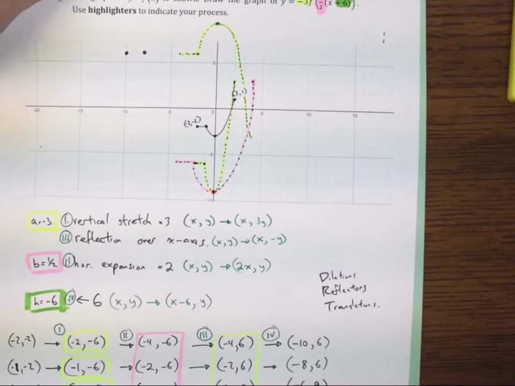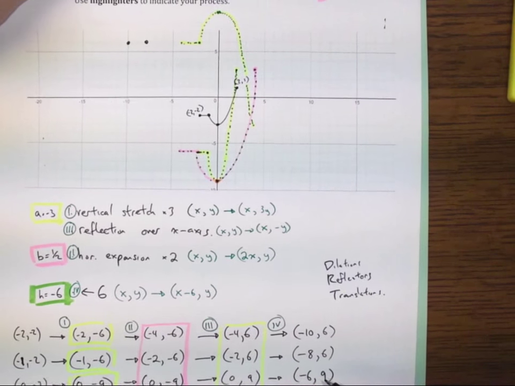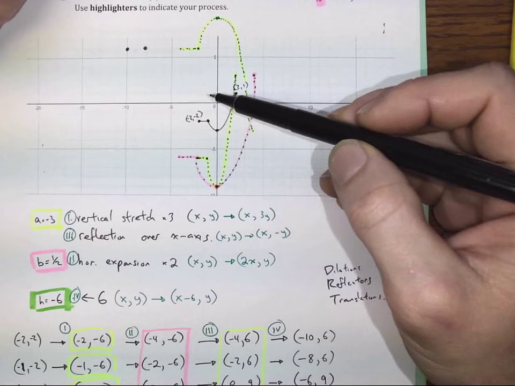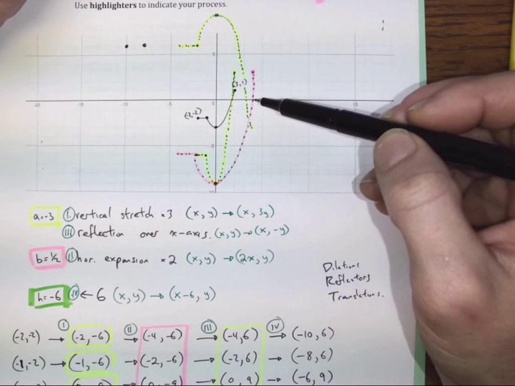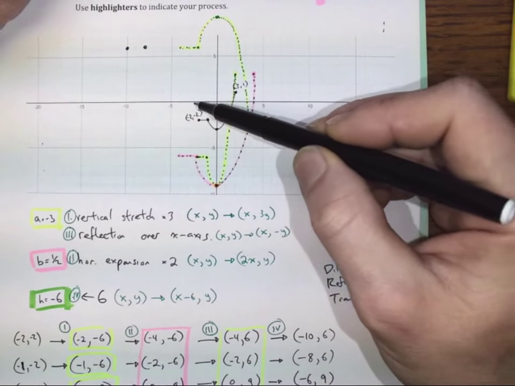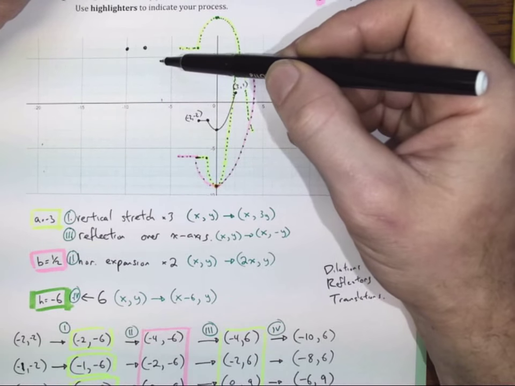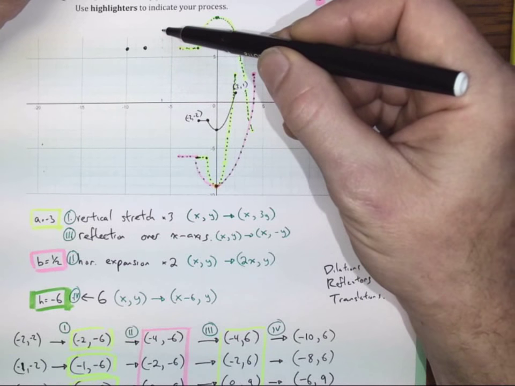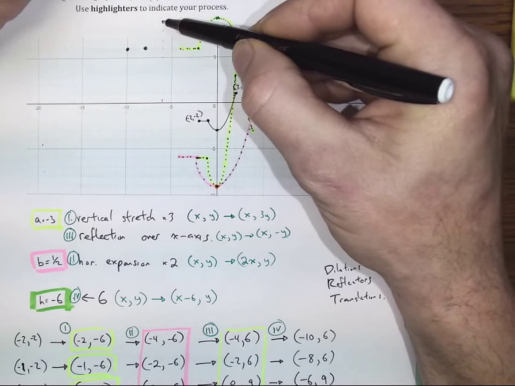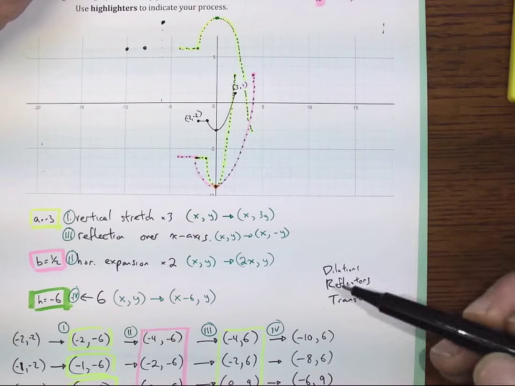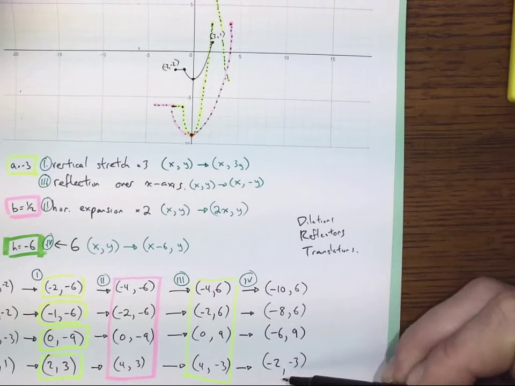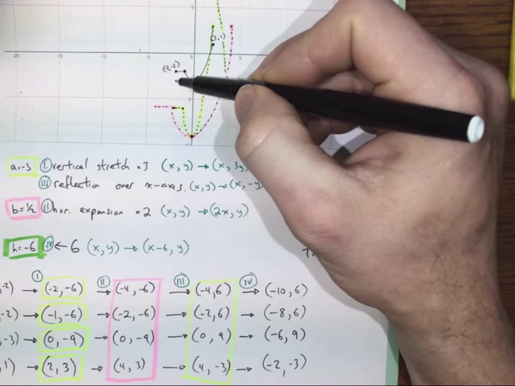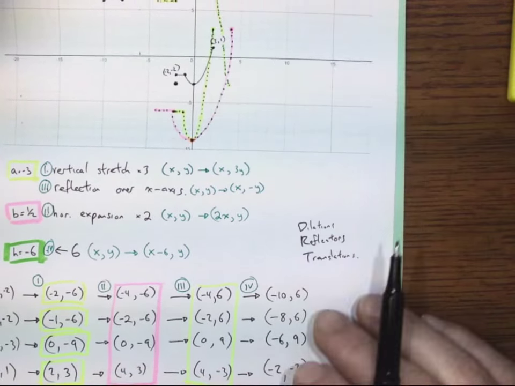And then we have negative 6, 9. So we'll move to negative 6, go up to 5, then 6, 7, 8, 9. All 9 there. And the point negative 2, negative 3. And those are our final points.